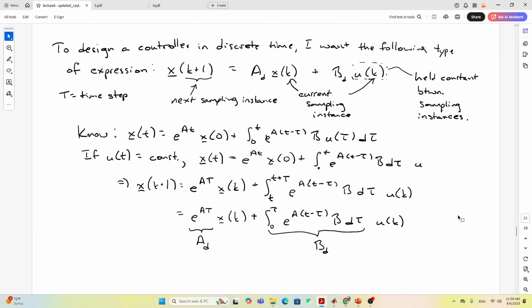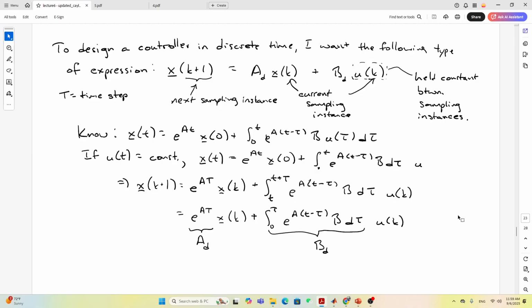D means discrete time, so A_d will be different from the continuous time A matrix. Those k are all the current sampling instance. As we mentioned, with zero order hold, we hold the control signal constant between sampling instances.